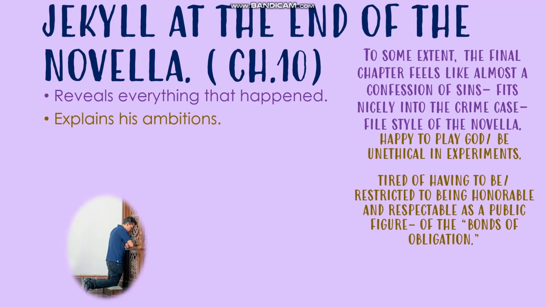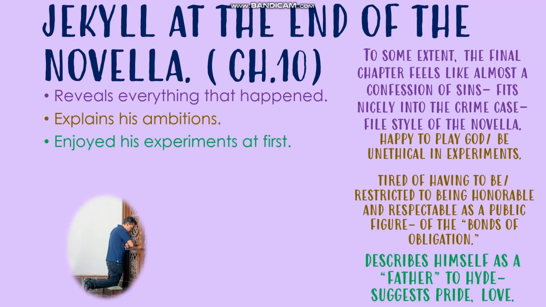And indeed, this seems even more obvious that he enjoys his experiments when he actually describes himself as almost a father of Hyde, and this suggests his pride and his love for this other side of him that he's brought out as part of one of his experiments. So not only is it a chance for him to be free being Hyde, it's someone he grows to be very fond of indeed.